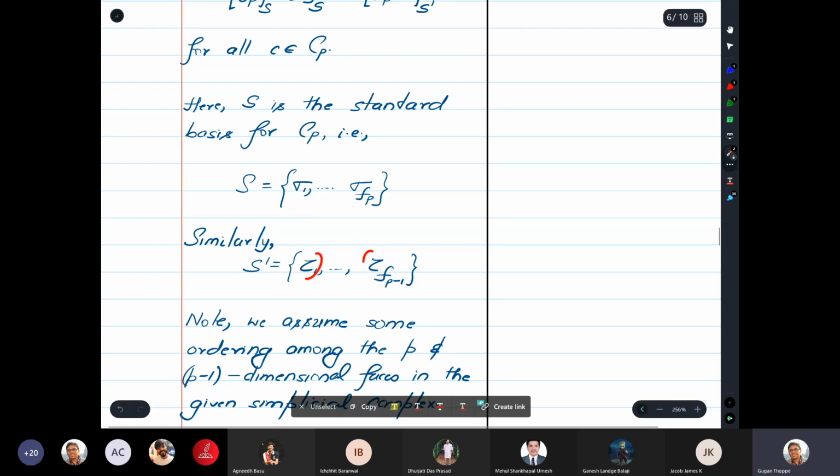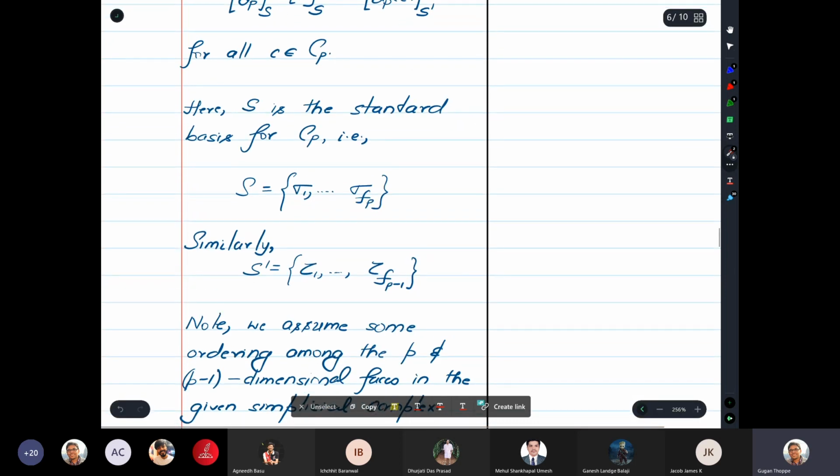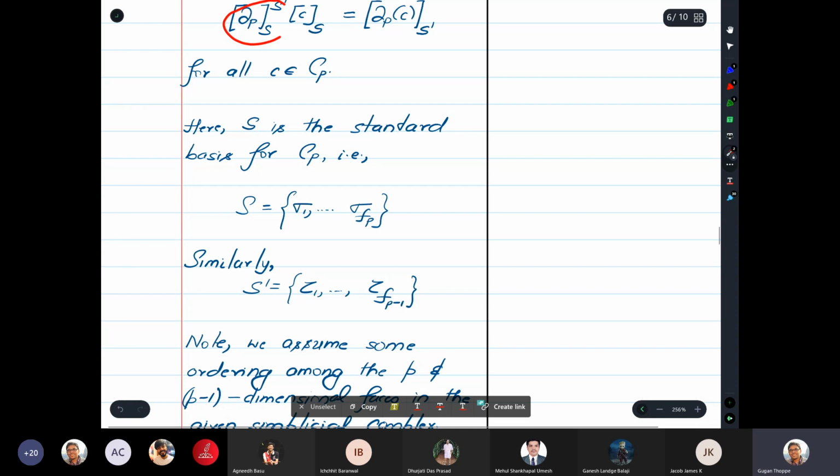So tau1 to tau fp minus 1, these are the p minus 1 chains corresponding to the fp minus 1 p minus 1 faces in the given simplicial complex. So this is the basis, this is the basis. So we have the basis, we have this Daba P operator, and all that remains to find out is the matrix representation for Daba P.